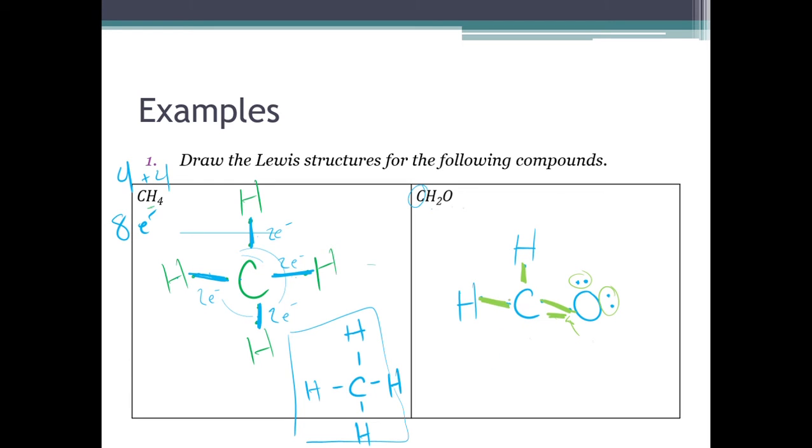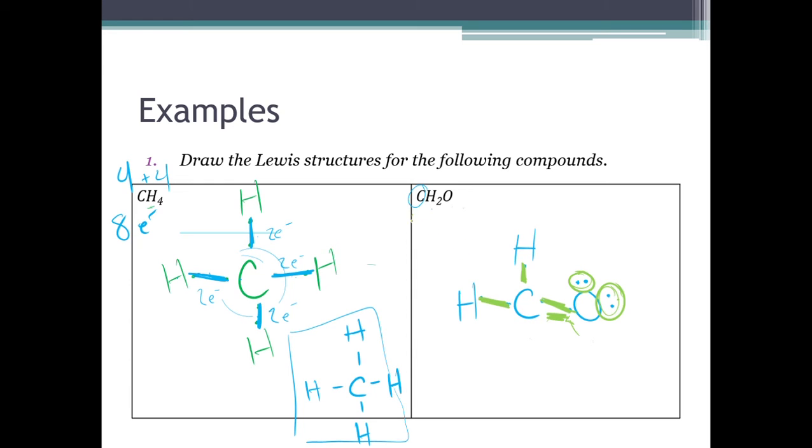Carbon here has 2 and then 4, and then this is 2 and this is 2. So that's 2, 4, 6, 8 electrons. Carbon is good. Oxygen has 2, 4, 6, and 8. So oxygen is good.